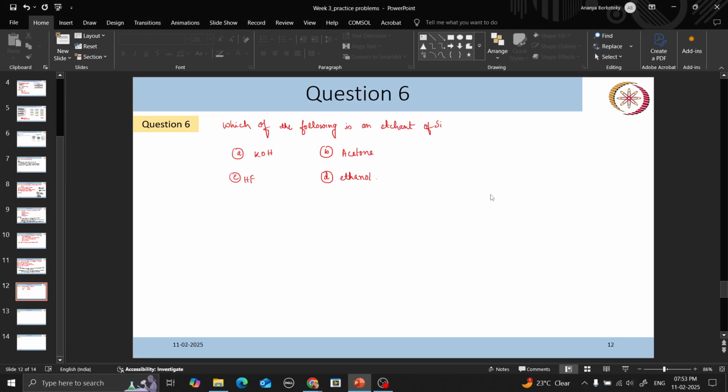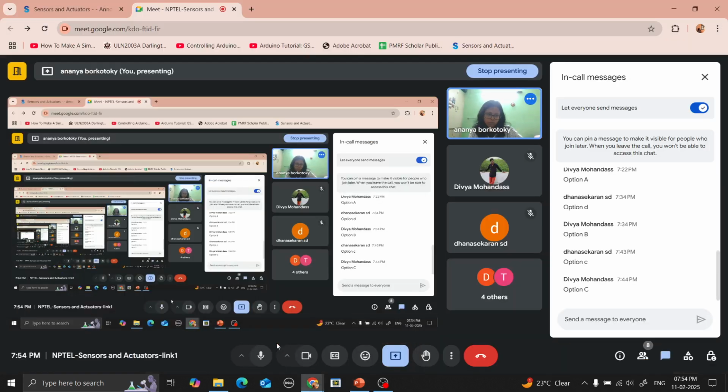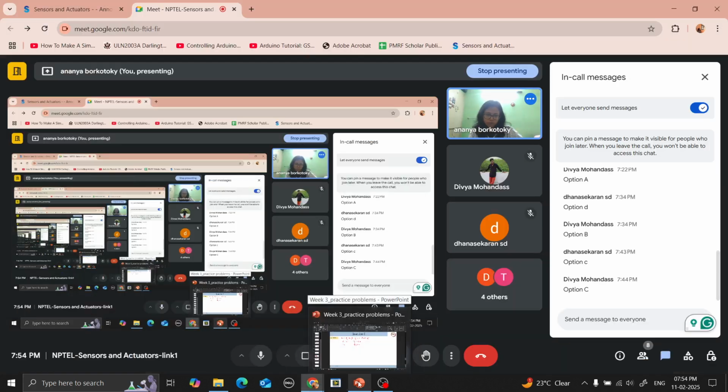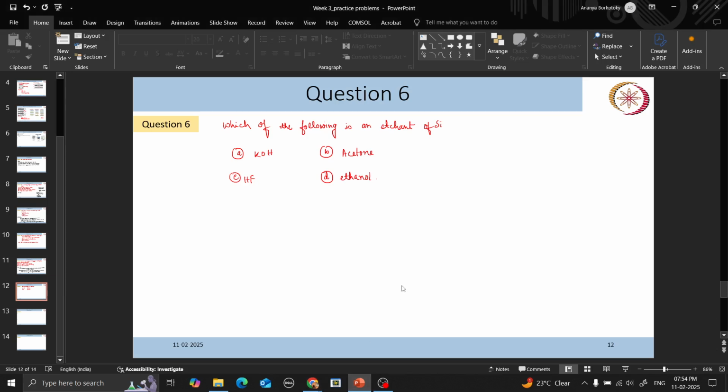You can tell me the answer, and if you know the chemical reaction, because these are chemical etchants, you can tell me how it etches silicon basically. No answer. I'll show you the question here.